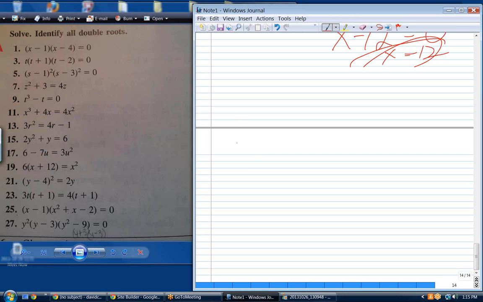Let's do 21. y minus 4, squared. Square this for me based on the way I taught you today, not on foiling. In other words, don't foil it. Do it using a minus b quantity squared. What does that equal? Yeah, y squared plus 16.